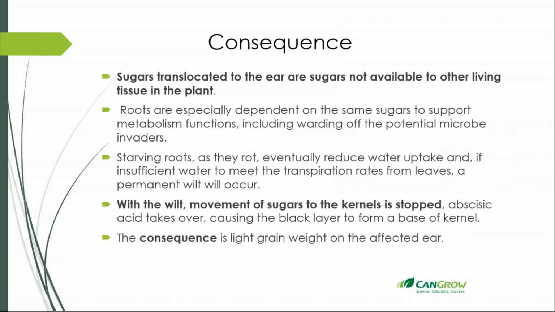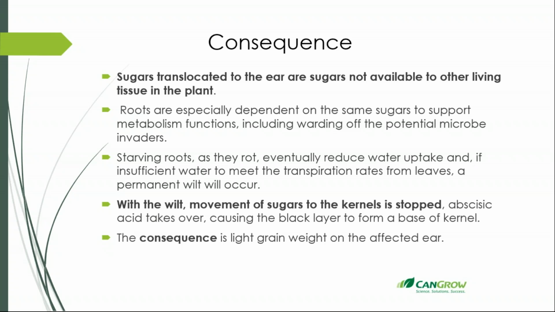So the consequences. Okay, sugar translocated to the ear means sugars are not available to other living tissues of the plant. That's a consequence. Roots are especially dependent on the same sugars to support metabolism functions, including warding off potential microbial invaders.